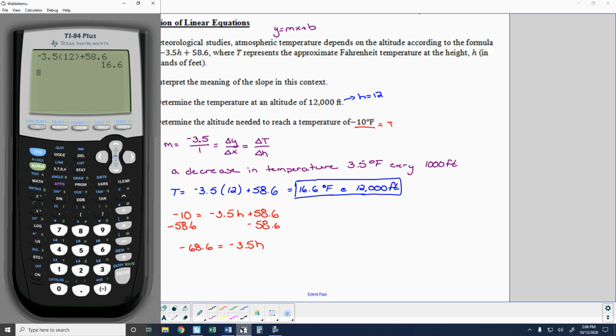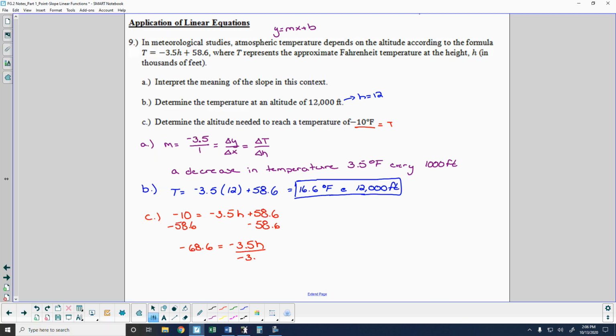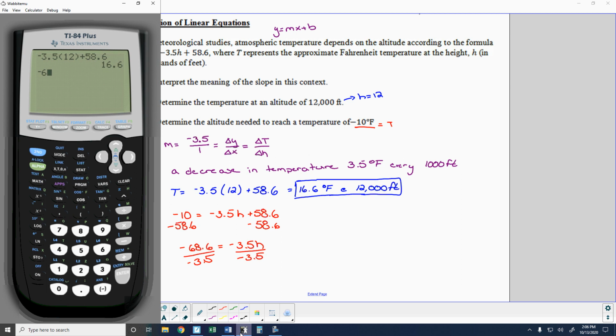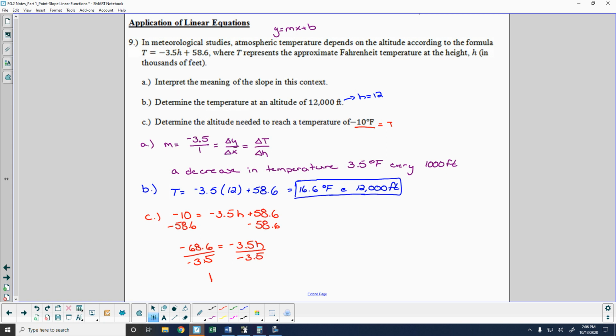And then let's go ahead and type that into the calculator. Our next step here would be to divide by negative 3.5. Divide by negative 3.5 on both sides to get H by itself. So I'll do negative 68.6 divided by negative 3.5. And there I have H. H is 19.6. Now, let's put this back into context.